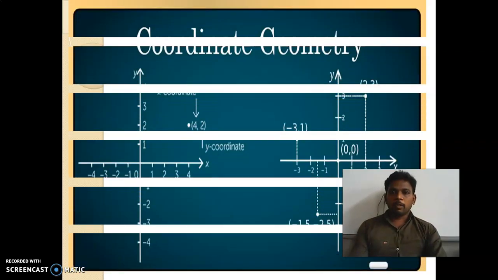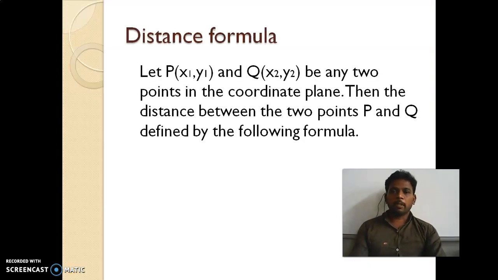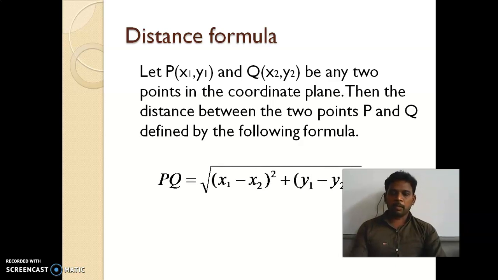Here we are seeing coordinate geometry, and first the distance formula. The application of the distance formula is that we can find the distance between any 2 points in the Cartesian plane. The Cartesian plane is a combination of the x-axis and y-axis. The formula is root of (x1 minus x2) whole square plus (y1 minus y2) whole square.